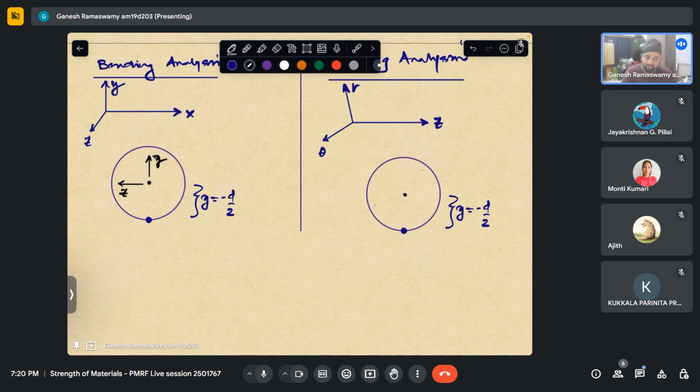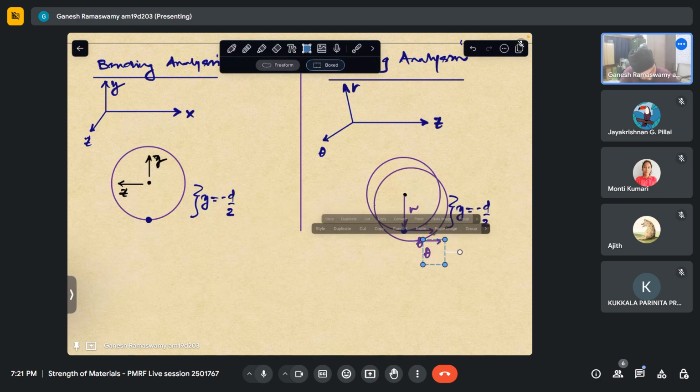If this outside is z, I have this as my r for this point, and this will be my theta. So r cross theta will bring about z that is coming out of the plane of the paper. So let me just draw this. This will be my r, this will be my theta, and r cross theta is z.